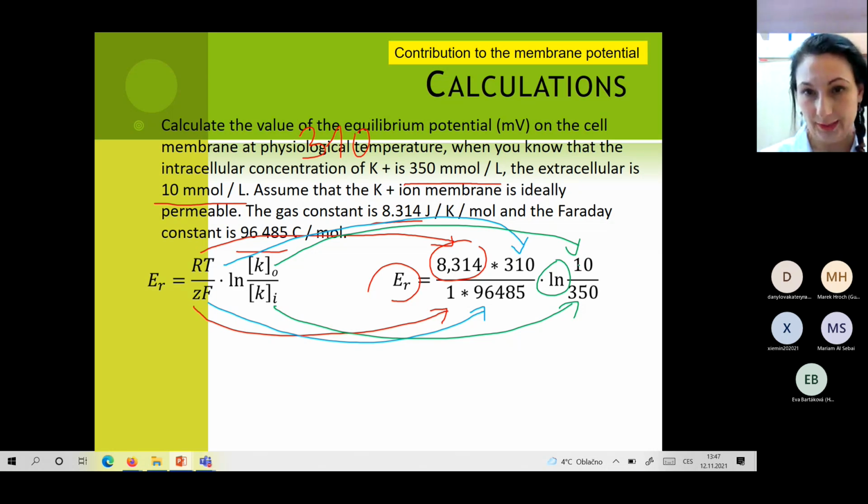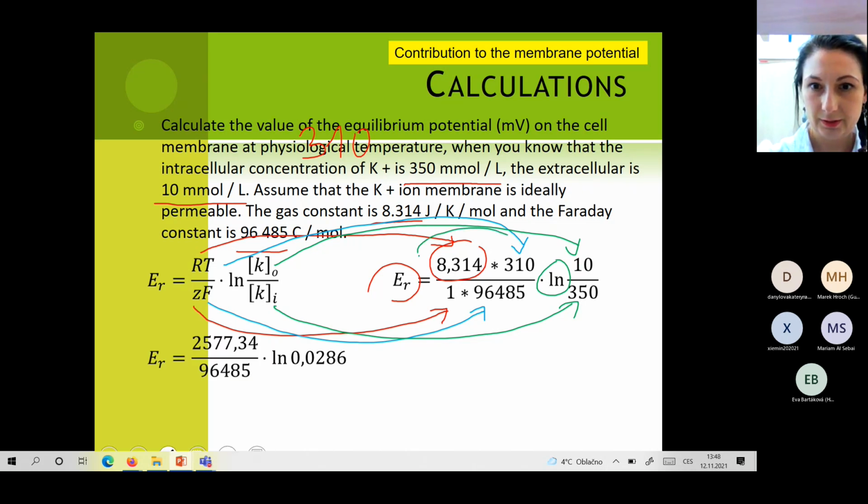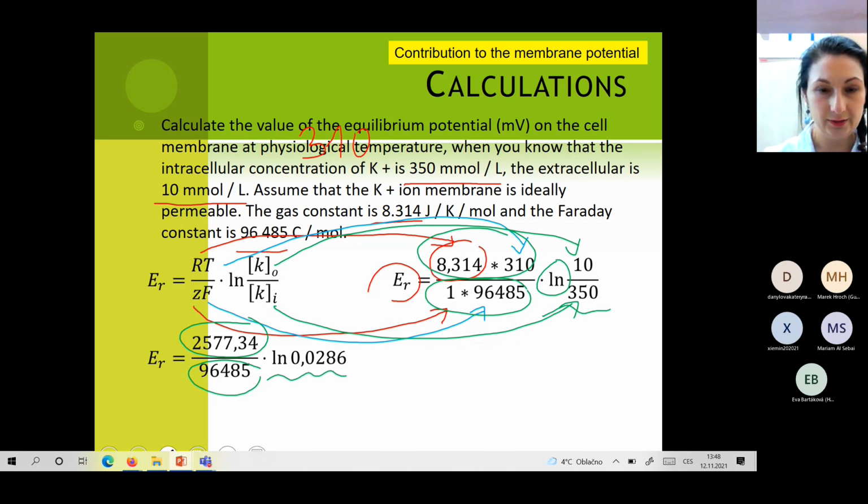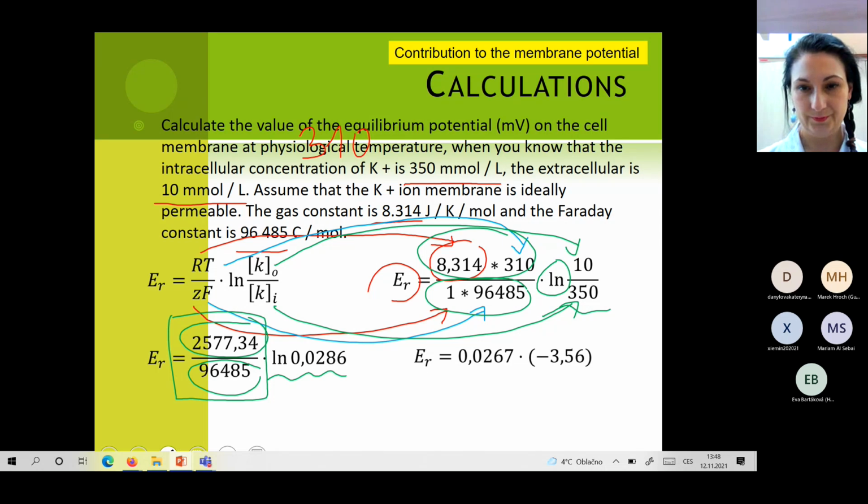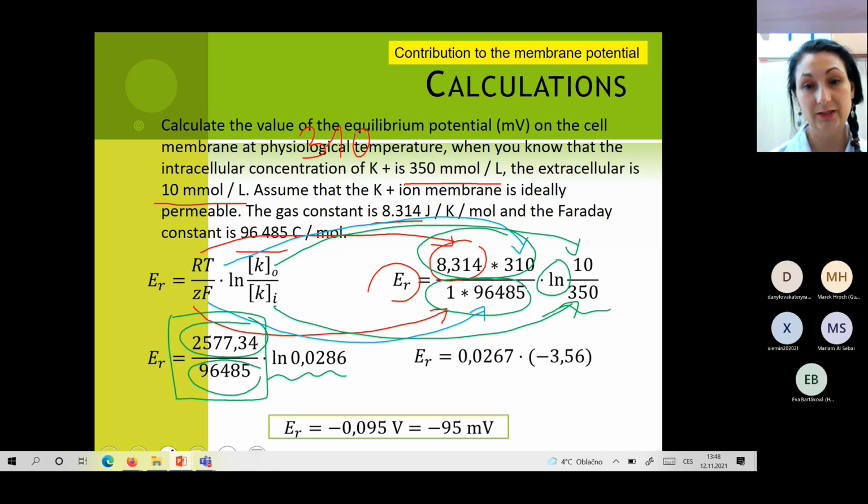So now just calculate. This part is here, the bottom part is here, and this is just a natural logarithm. Now just calculate the ln of 0.0286, multiply by these two numbers, and the result is in volts.